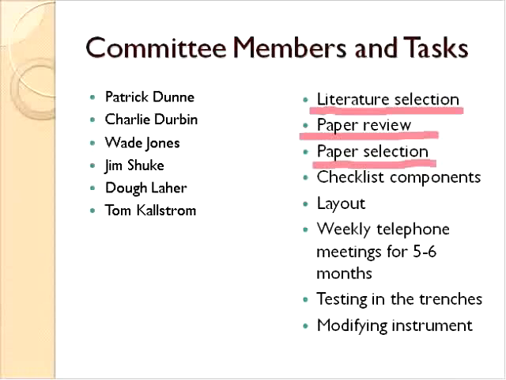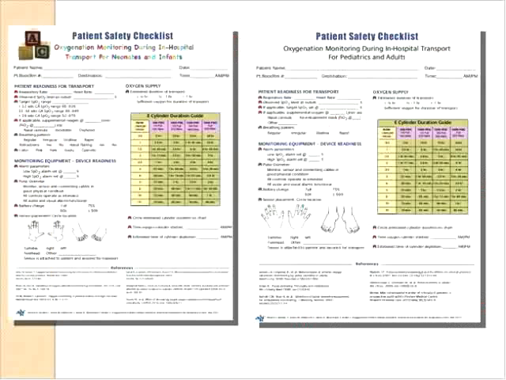We got together by phone and came up with suggested components to the checklist. And then we spent about 3 or 4 months looking at layout, adding, subtracting, trying to hone the text and the prettiness of it. And then finally, when we had something that was almost tolerable, we sent it out to membership and said, would this be helpful to you, and do you have any suggestions? And then we modified them and placed them on a website.